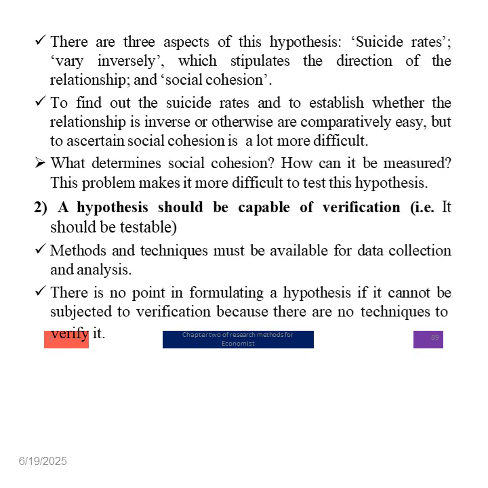To find out the suicide rates and to establish whether a relationship is inverse or otherwise are comparatively easy, but to ascertain social cohesion is a lot more difficult. What determines social cohesion? How can it be measured? This problem makes it more difficult to test this hypothesis.